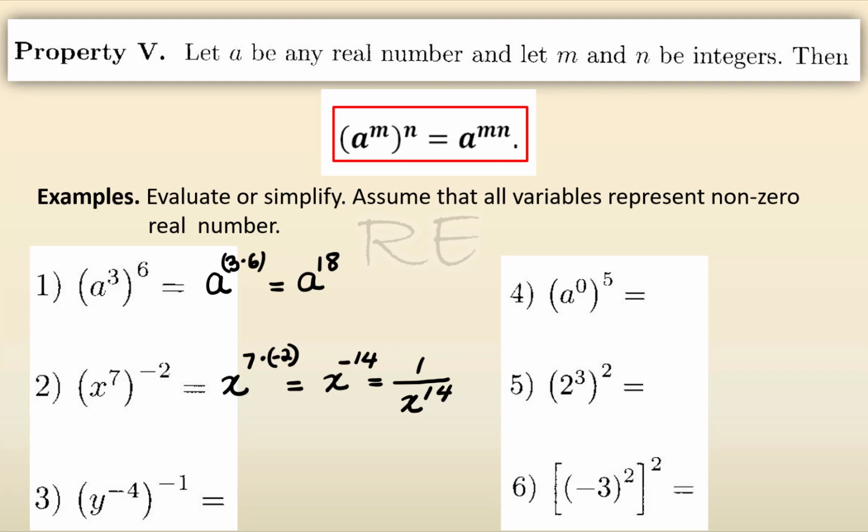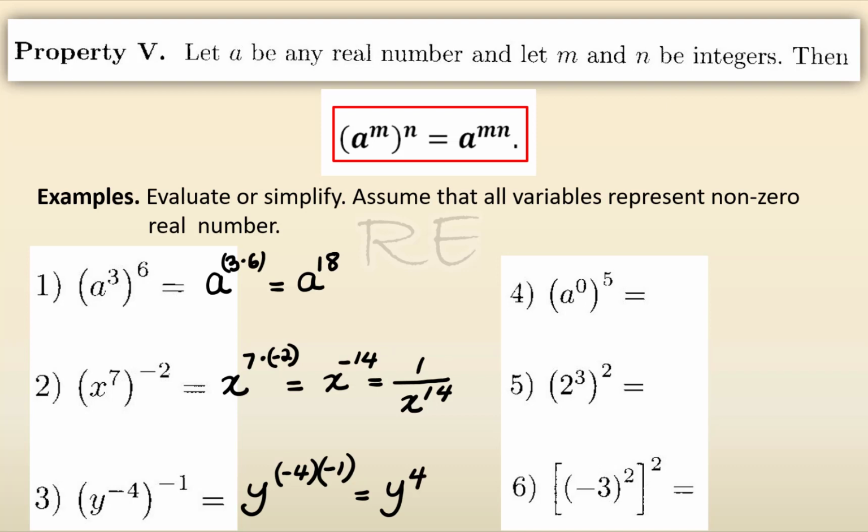(y to the negative 4) to the negative 1 is equal to y to the negative 4 times negative 1. The negative times a negative is a positive.